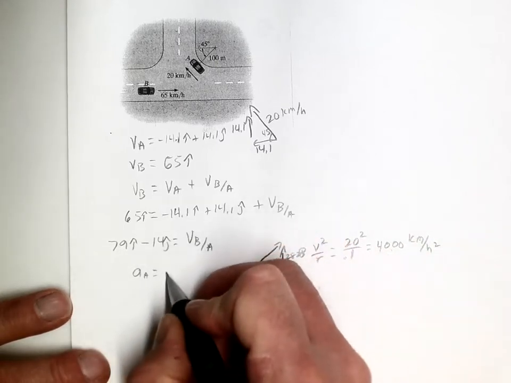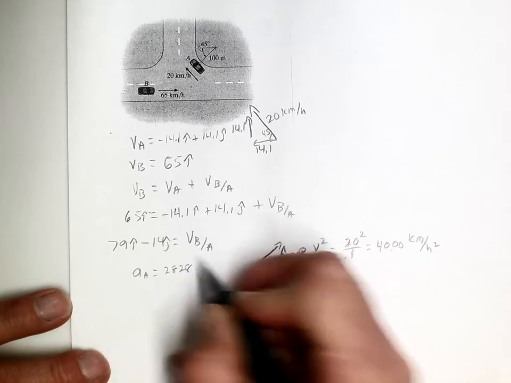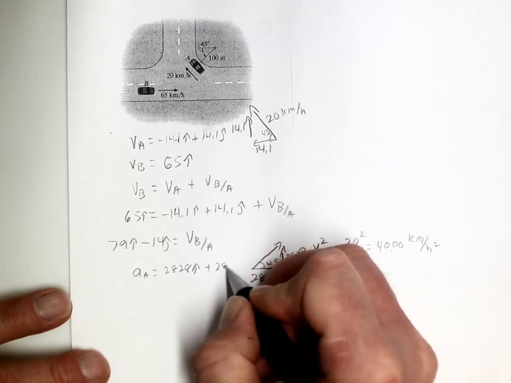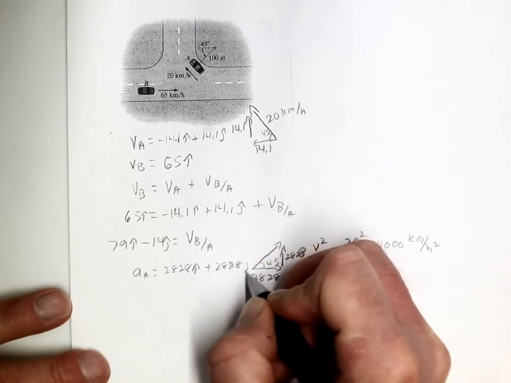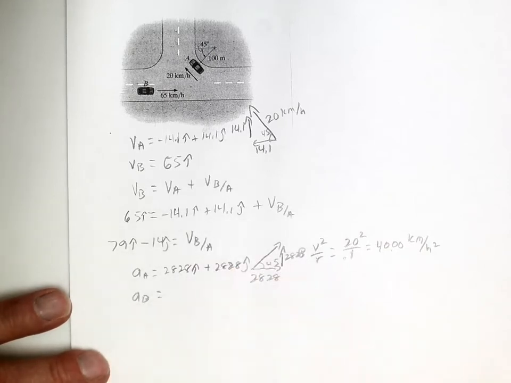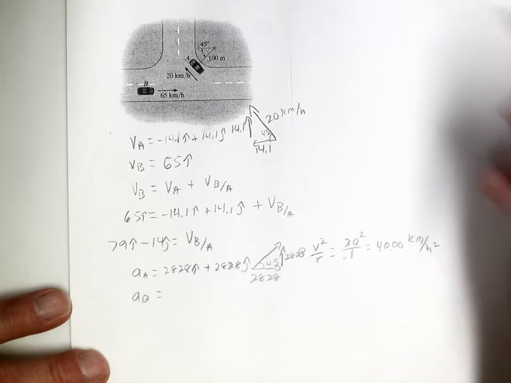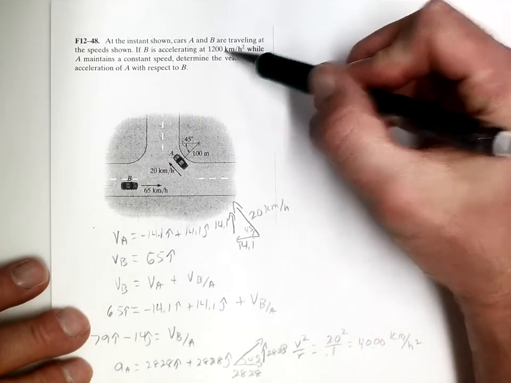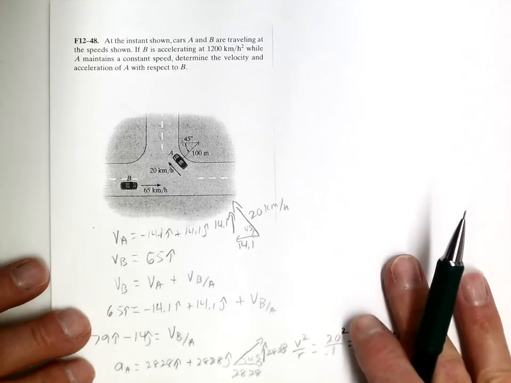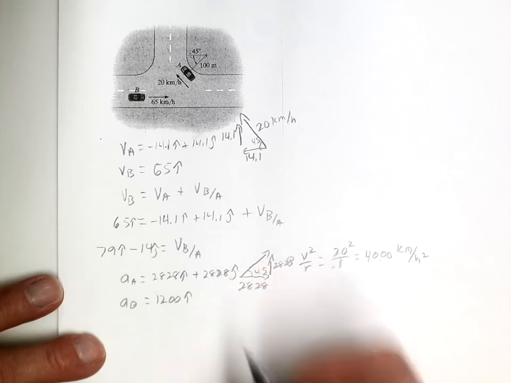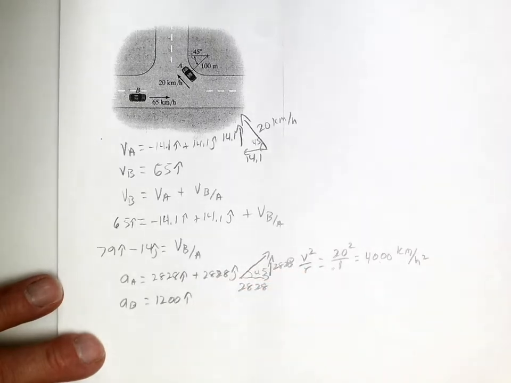So AA is 2828 in the positive I plus 2828 in the positive J. AB, looking up at the problem, is 1,200 kilometers per hour squared in the positive I direction.